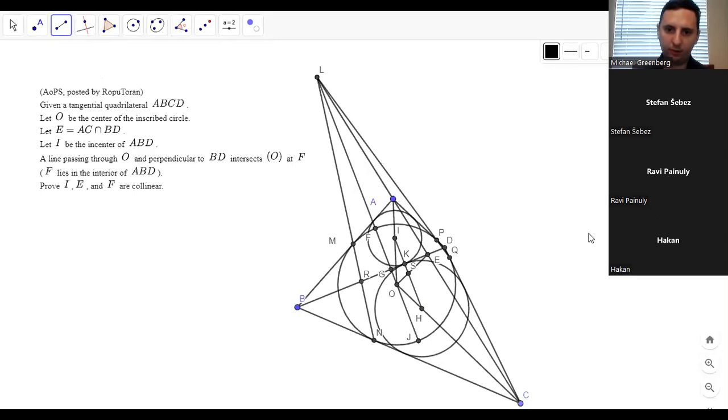And I don't know if there's some way to do that with similar triangles. Because we know LF times LJ, that's going to be the power of L. Can we get some similar triangles?